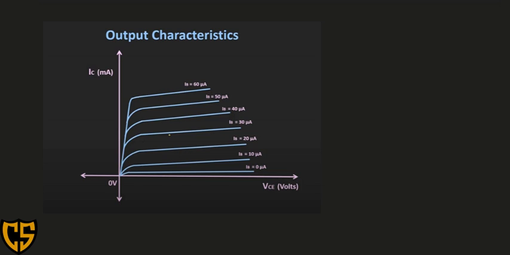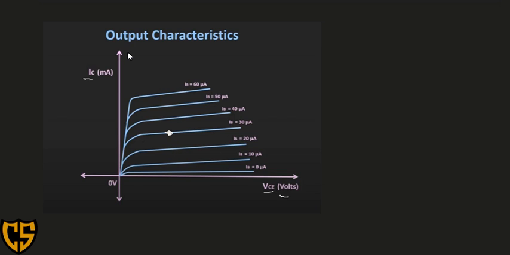So considering this output characteristic, we will be talking about the parameters. On our vertical side, we have our IC or collector current expressed in milliamperes, and our VCE or voltage across your collector emitter, which is expressed in volts. We also have your base current, which is represented here in your graph. Then for example, you have the operating point of your transistor at this point. So this one is the operating point of your transistor.